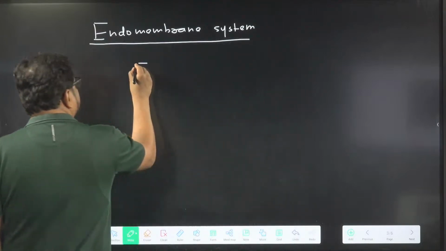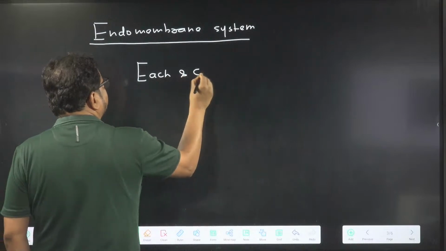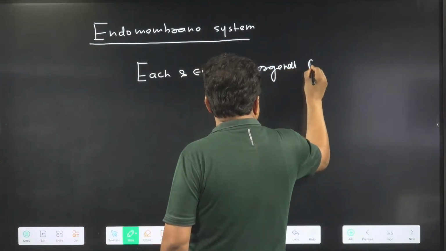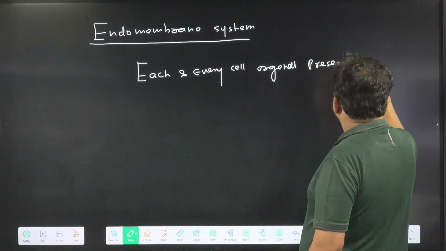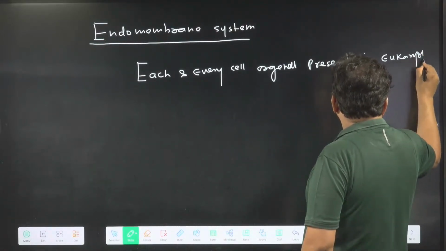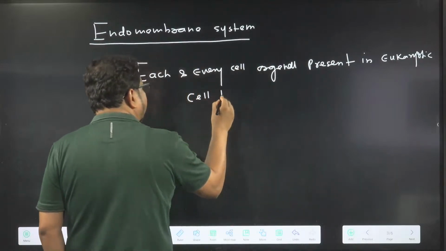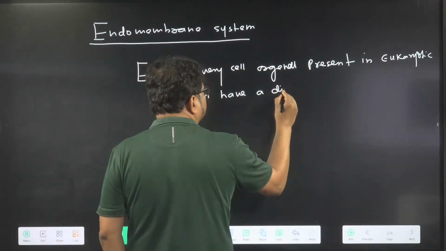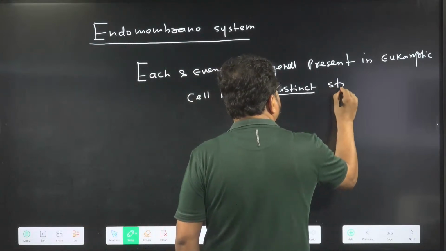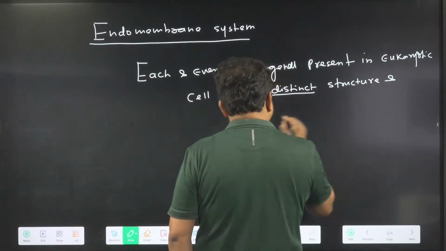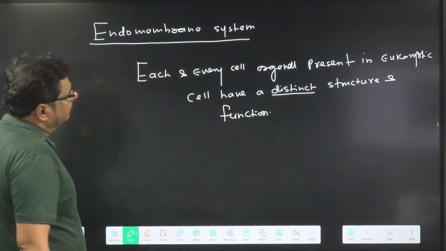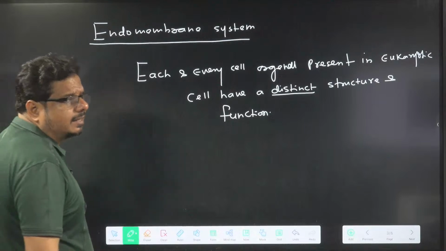So what I am writing: each and every cell organelle present in a eukaryotic cell has a distinct, that means specific, separate, structure and function. Got the idea?